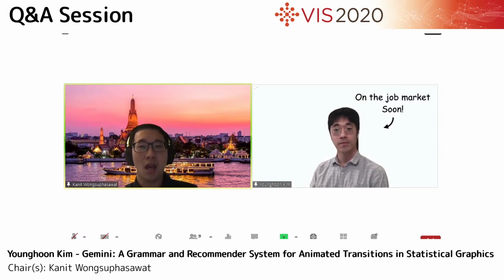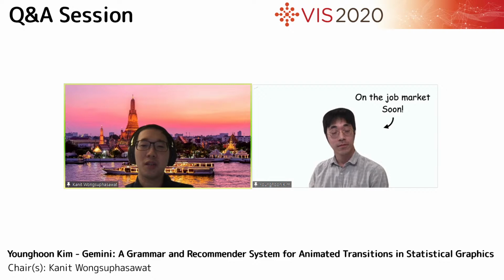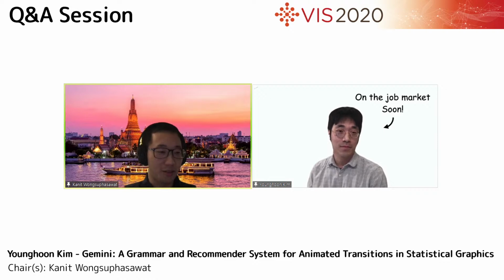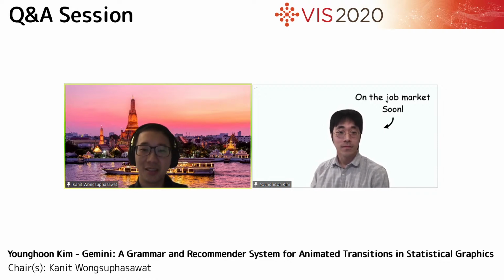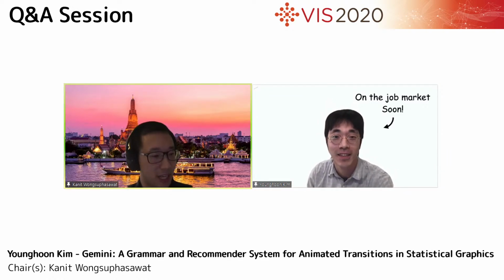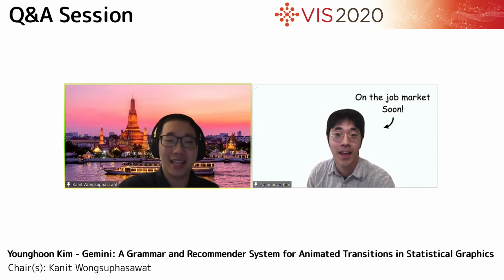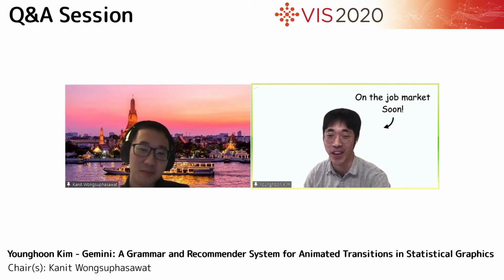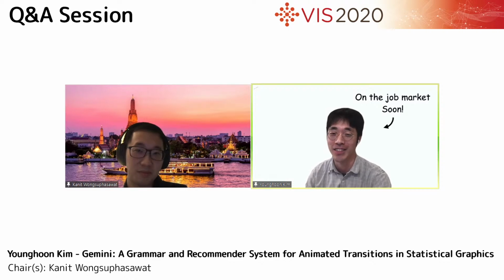Another question that I have is, does Gemini in general produce a big variety of recommendations, or are there usually just a few ways to do a transition for a certain start and end that you specify? There are a lot of variations, but most of them are useless in my opinion.